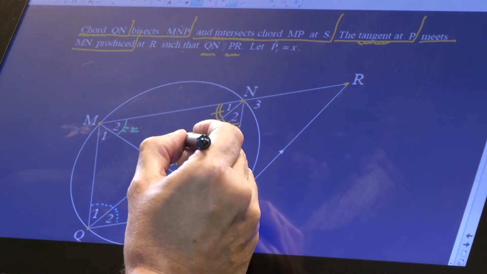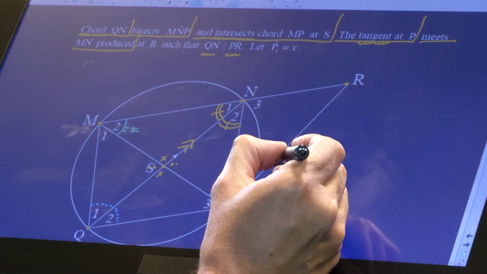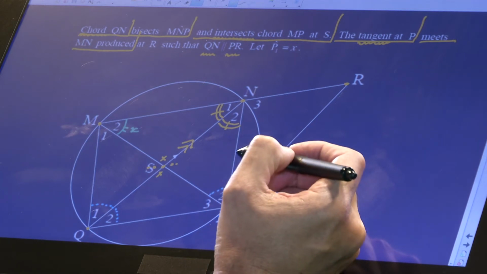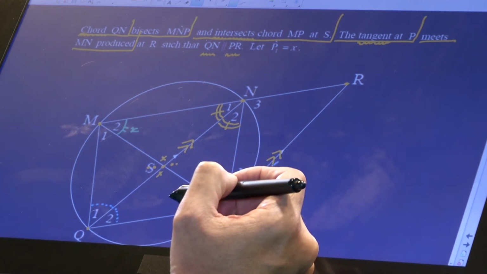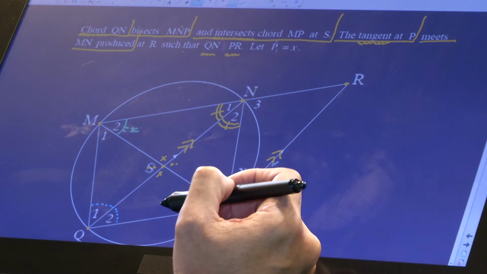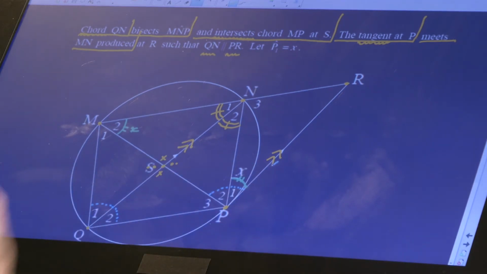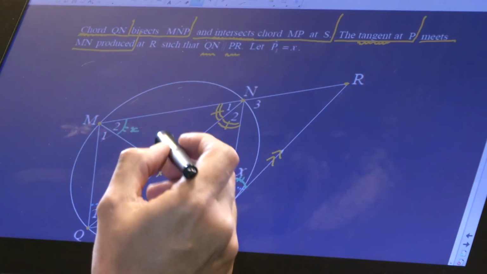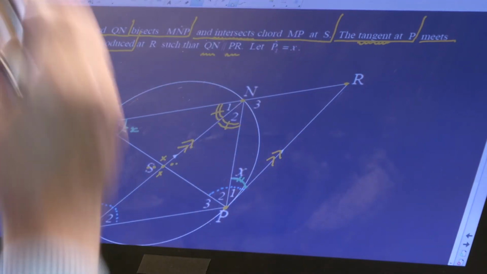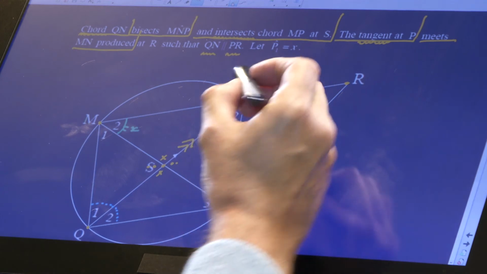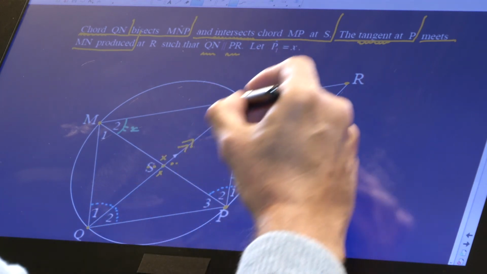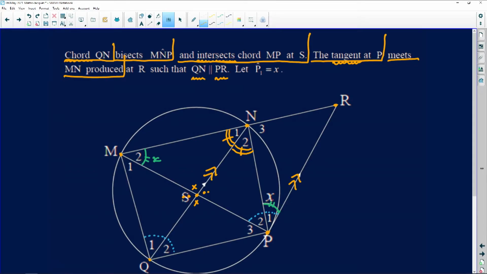So here, this line is parallel to that line, which is now going to make this diagram look like a circus when I start working on it. Let's see. First of all, I'm going to turn everything orange. I have a line here, QN, that is parallel to RP.